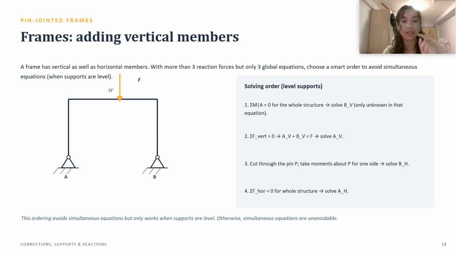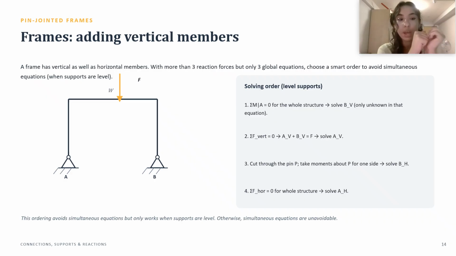So let's take the moments about P, only taking the B side, and that will give us BV times the distance plus BH times the distance, and F disappears, and then making that equal to 0, we can find BH.